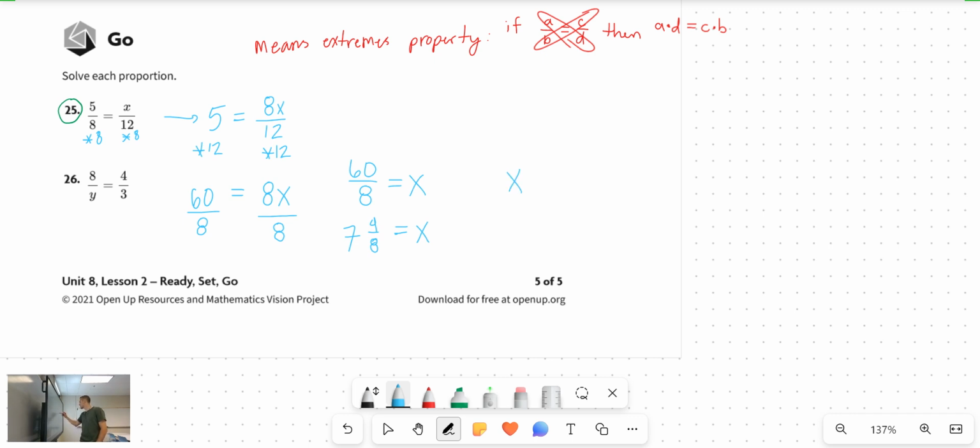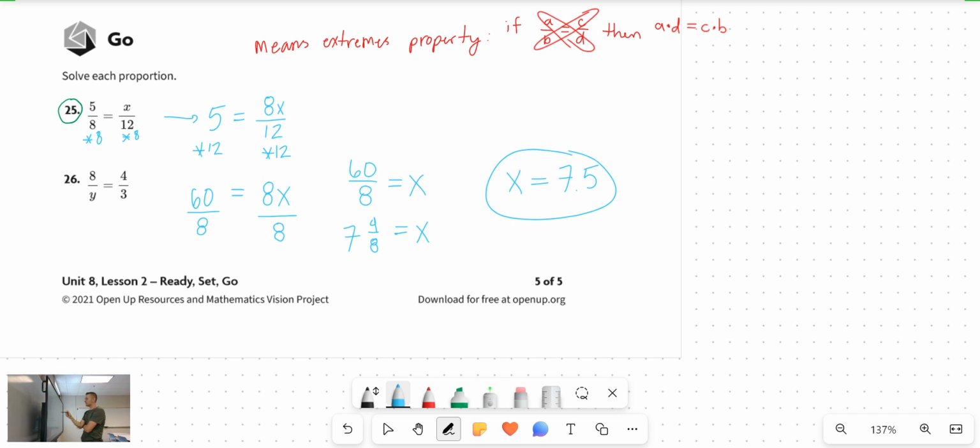So x equals 7.5. So solve each proportion: x would be 7.5.